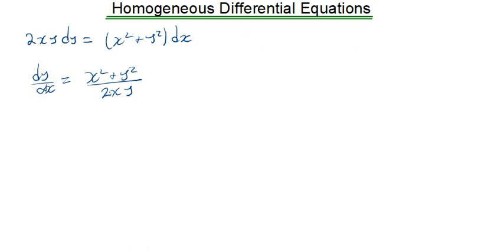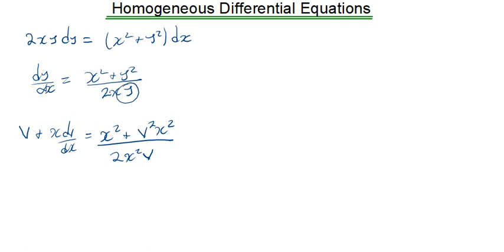So I can perform the substitution right now. Where there's dy dx, I can put v plus x dv dx is equals to x squared plus, where there's y squared, that would be v squared x squared, because we said we are going to perform a substitution where there's y, we put vx. So that's why this becomes v squared x squared. Then this is going to be 2x squared v. Why is it like this? At this point you put vx, x by x, that becomes x squared.